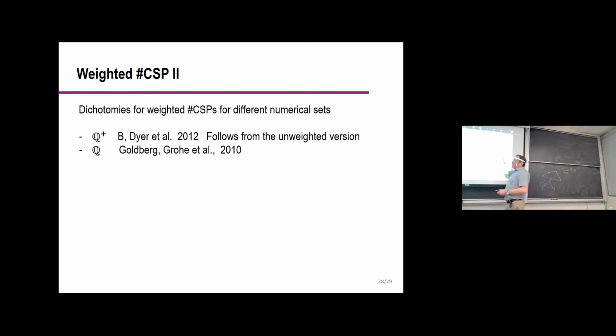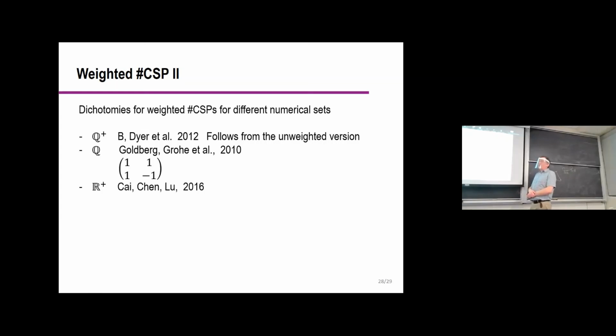For rational numbers, things are a little bit more complicated, because it turns out that if you take a function with weights like 1, 1, 1, minus 1, it's an easy problem, although the rank is 2. So the problem is that any orthogonal matrix will correspond to an easy problem. That was a little bit more complicated, but people overcame that.